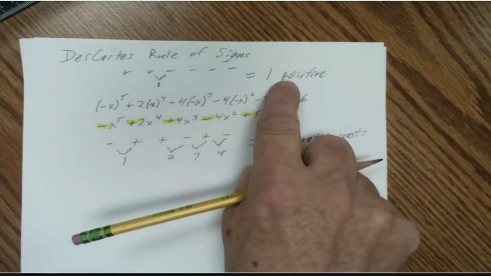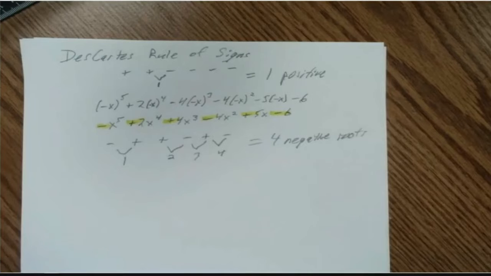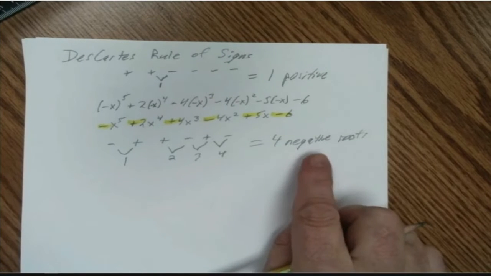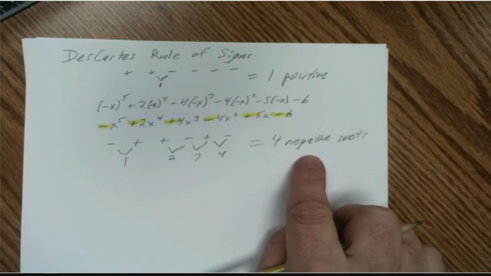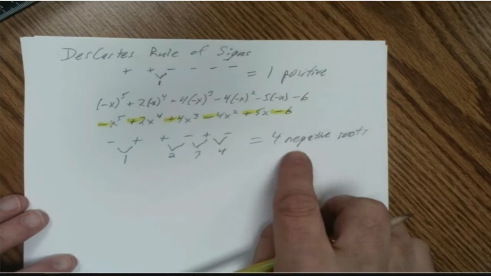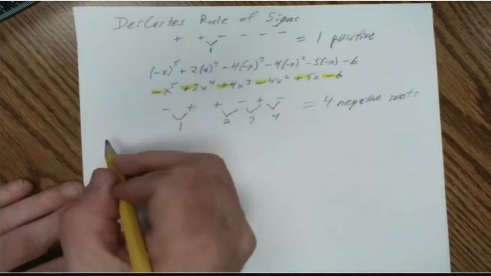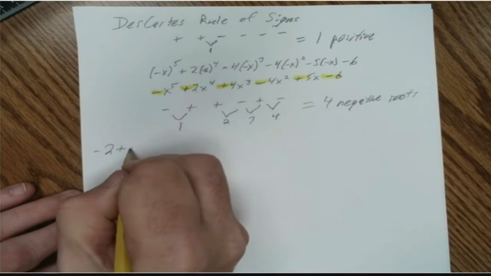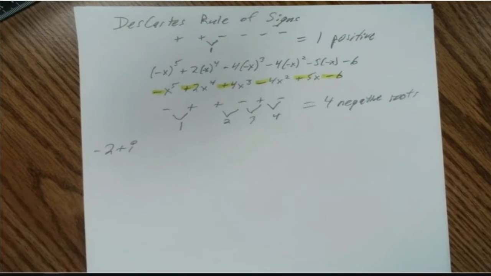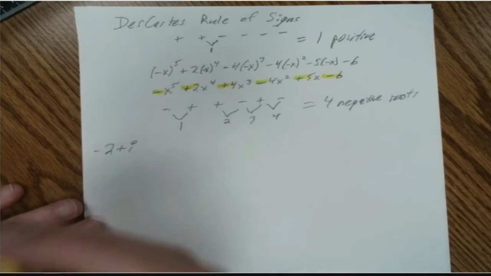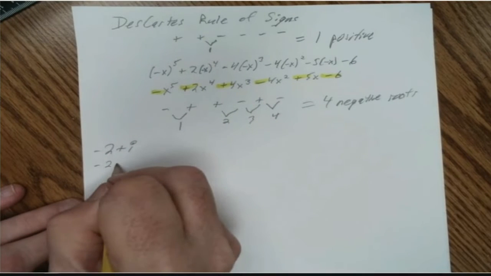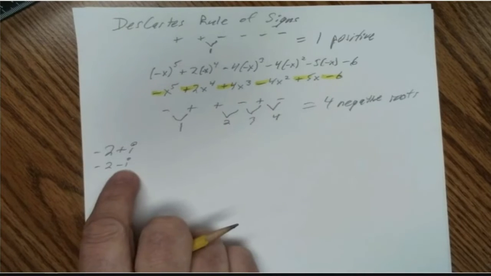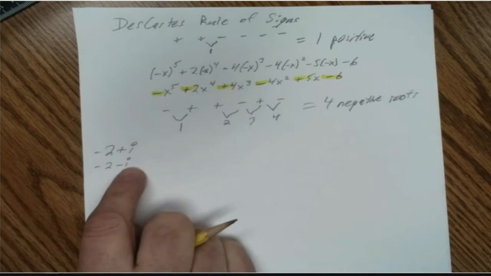Now, here's the thing about Descartes' rules. If it says 1, then there's definitely 1 positive. But it could be that some of these negative roots may be imaginary. And if there's anything we remember about imaginary roots, it's that if, for example, we had -2 plus i as an imaginary root for an equation we have, that guarantees that -2 minus i is also a root, because imaginary roots come in pairs.